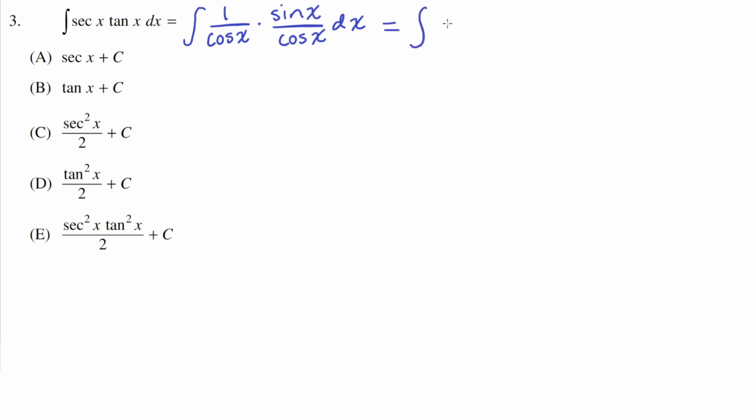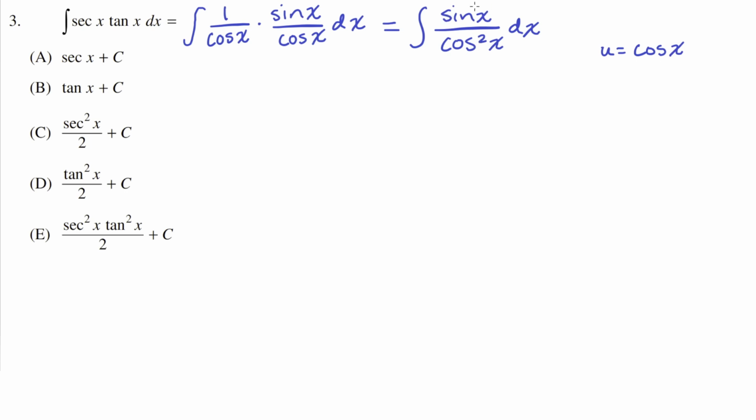So we'll have the integral of 1 times sine x over cosine x times cosine x, which is cosine squared x dx. So now this problem we can solve by doing u substitution. And what we want to substitute in for u is cosine x. Why?